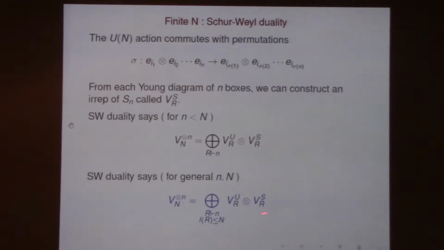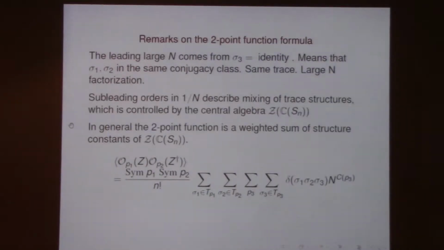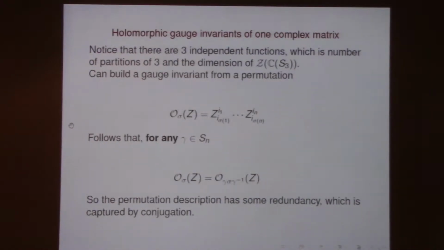But all you have to do is put a cutoff on the height of the Young diagram. The Young diagram cannot have more than capital N rows. So this is a very general fact. Whenever you're dealing with multiple indices, like in this one matrix problem, you have the fundamental tensor to the little nth power.